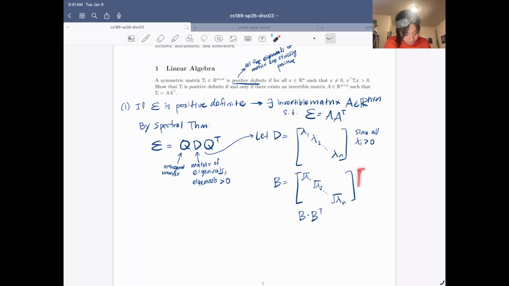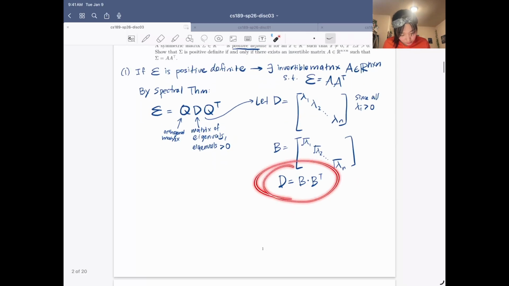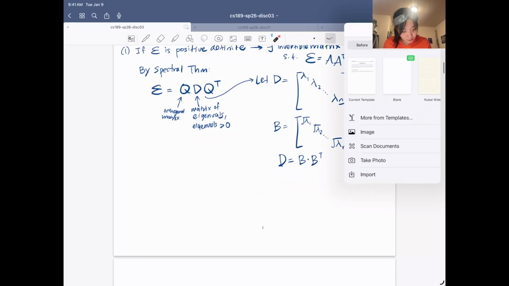If you multiply this by itself, you'll notice that you multiply the square roots by each other and they form this D. So we can say that D is equivalent to B times B transpose. Now we can just replace this D into the equation over here, and I'm going to do exactly that.